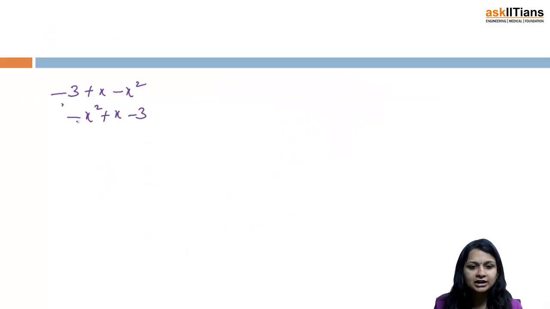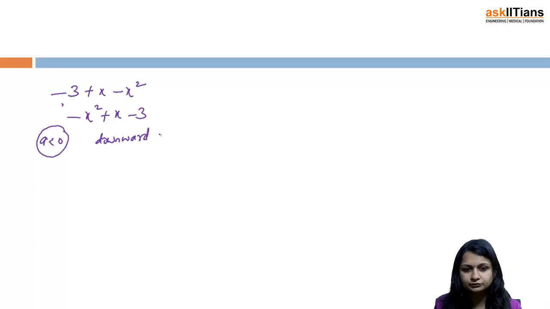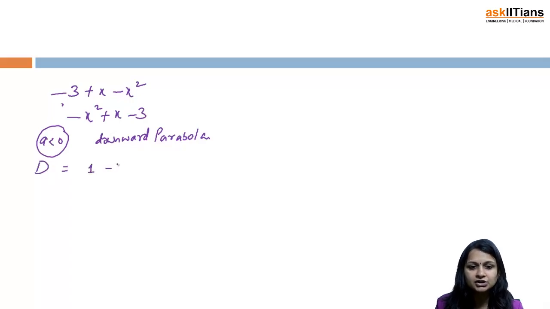Here the coefficient is negative, so a is less than 0, so the parabola's mouth would be downwards. Now the discriminant D: what is D here? It is b square minus 4ac, where a is minus 1 and c is minus 3. This comes out to be 1 minus 12, that is less than 0.